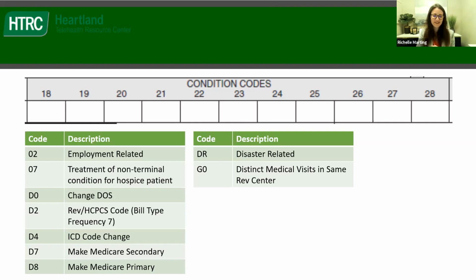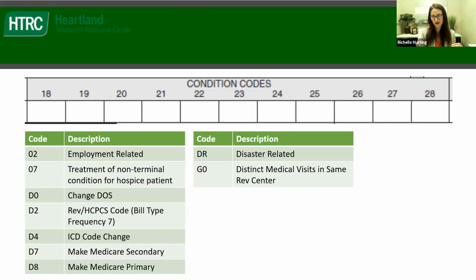Even more so, I think, than the CMS 1500 claim form that we were looking at a couple of weeks ago, on the UB04 there are a lot of examples where, if a code is used, other fields must contain very certain data elements.